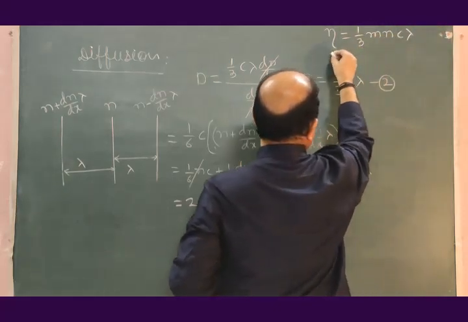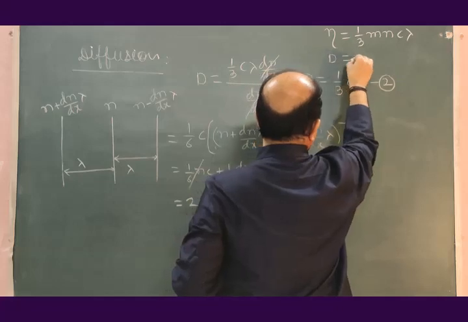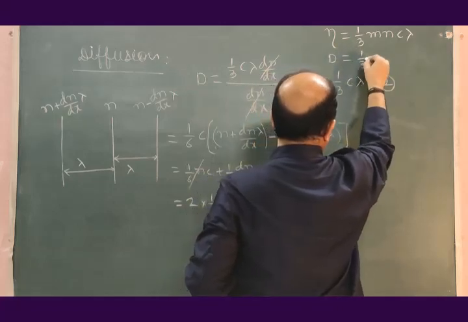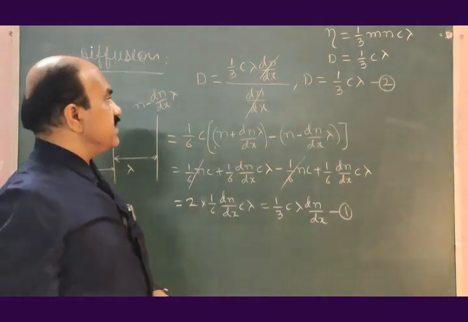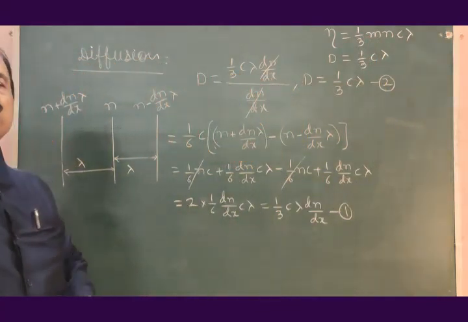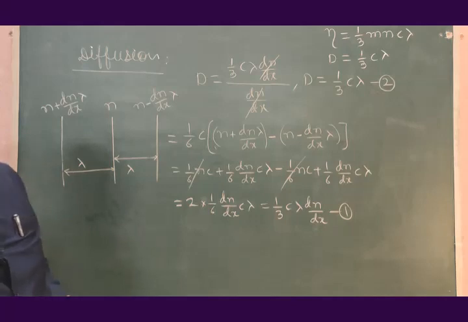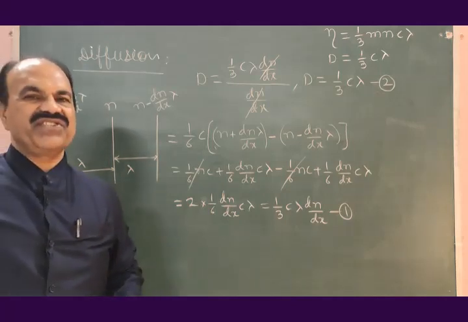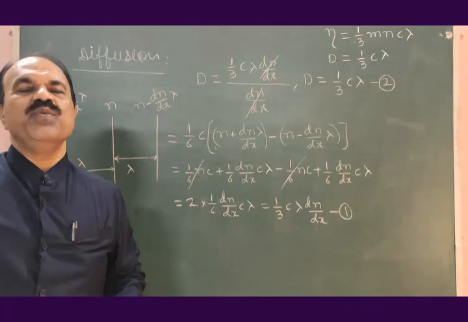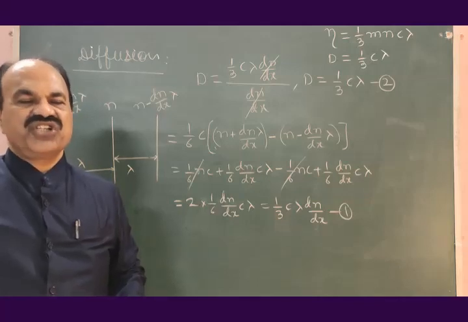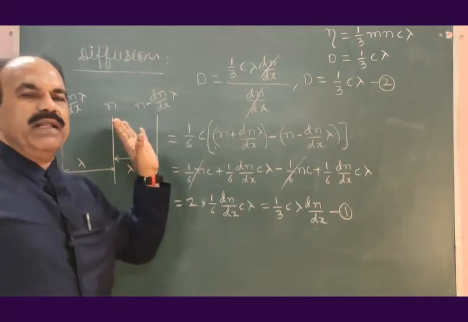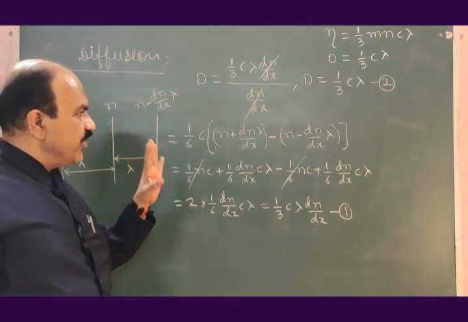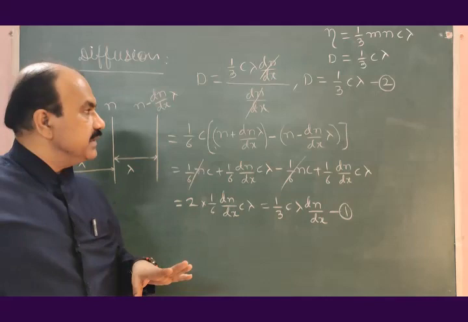Let us write it somewhere here. And this D is 1/3 c lambda. Okay. This is about diffusion, the process of diffusion taking place inside a gas due to non-uniform concentration of the molecules. So it is so simple. Hope you got it. Thank you.